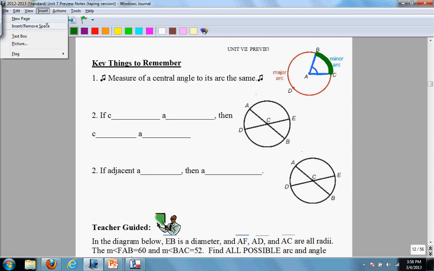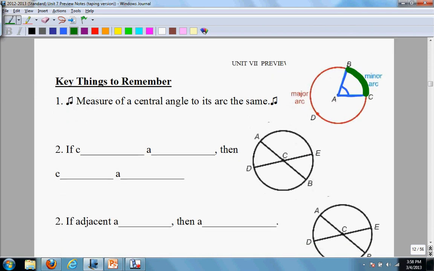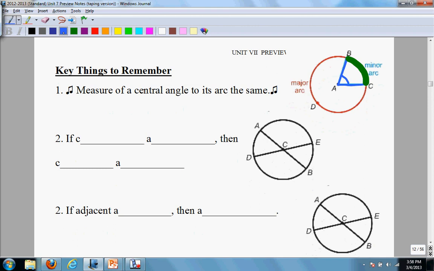Which means this specifically. Let's say the measure of angle BAC is 60 degrees. So we write, underline central angle, and now let's give an example. The measure of angle BAC equals 60 degrees. That means that's a central angle, a pizza slice. Draw a little arrow. That means the degree measure of the arc BC. Underline arc.